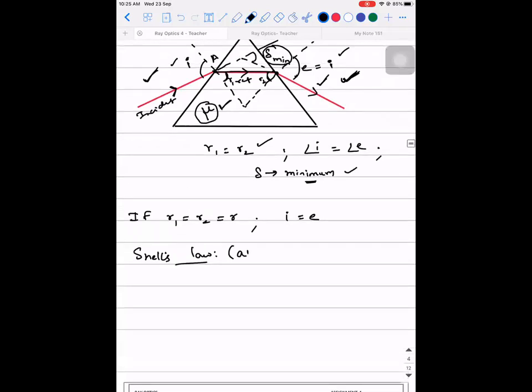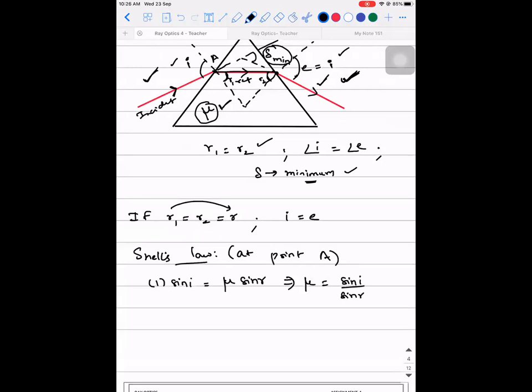If I apply Snell's law at point A, 1 into sin i will be equal to mu into sin R1. Sin R1 is nothing but sin R only, so I've directly taken it, correct? Which implies mu is equal to sin i divided by sin R.